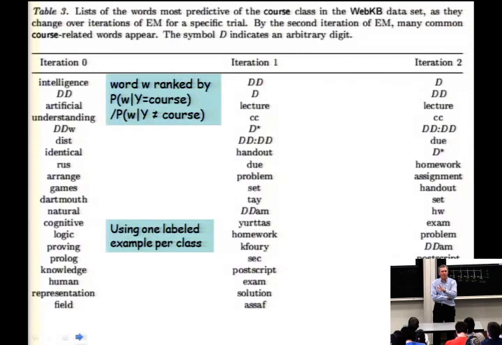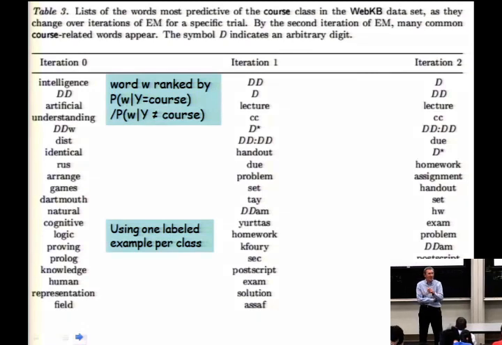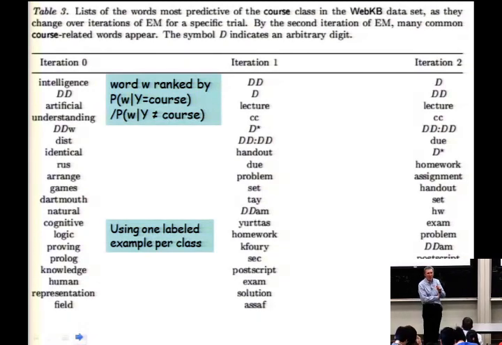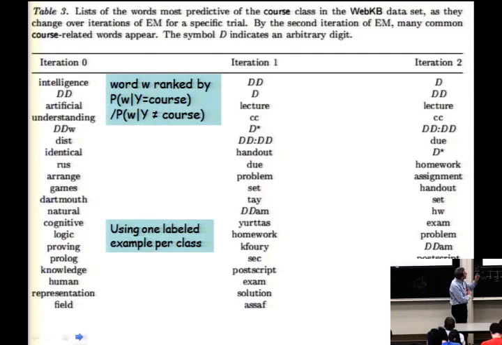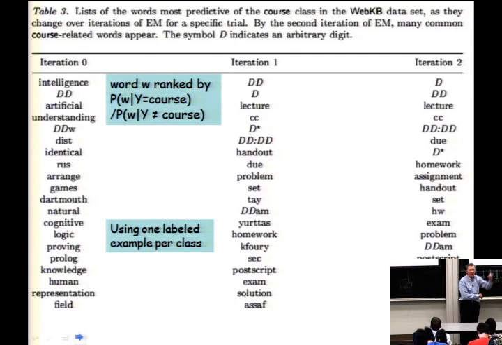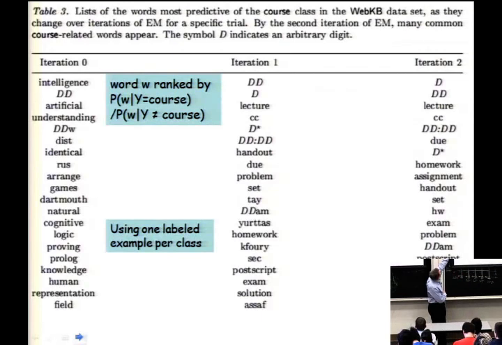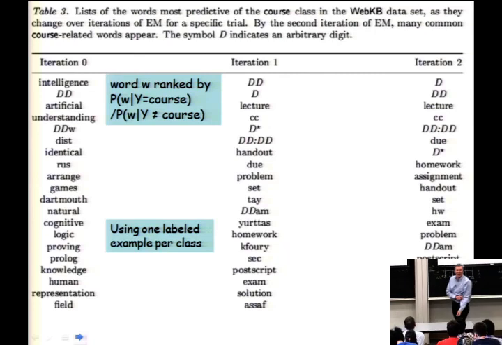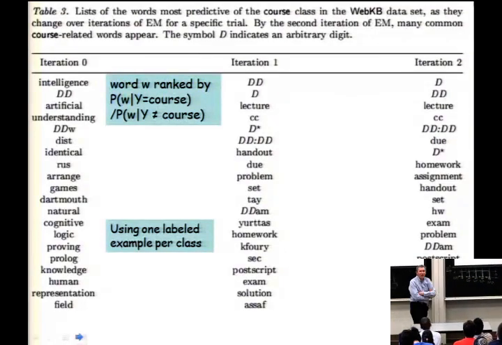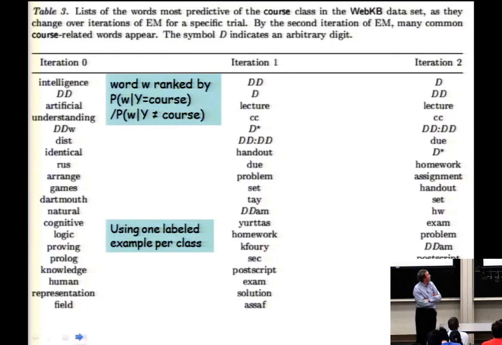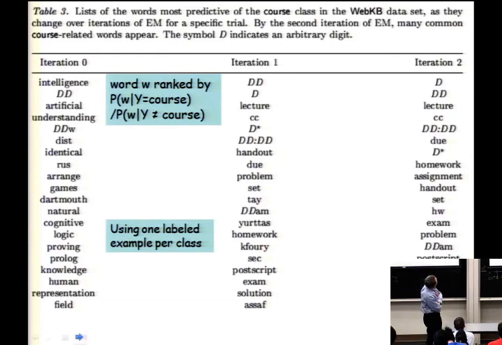It's a collection of web pages labeled by things like, is this a course homepage or a student homepage or a research project homepage, etc. And what this slide shows is the result of two iterations of EM applied to that, where he trained, what does it say there in the caption?